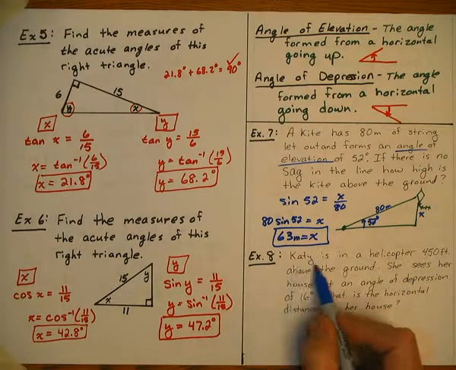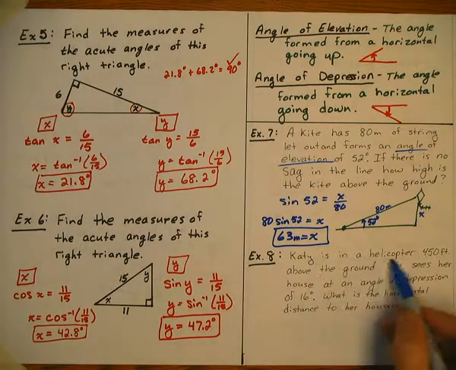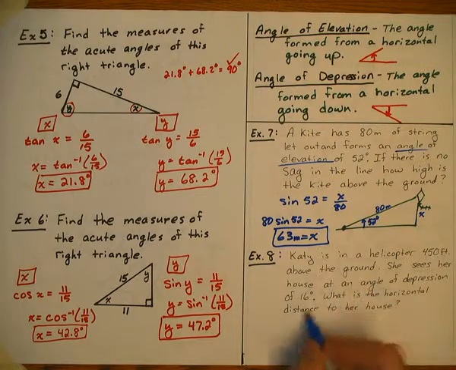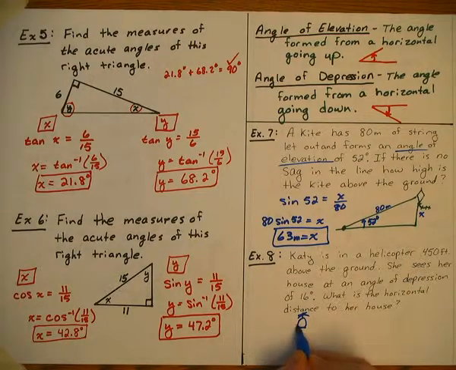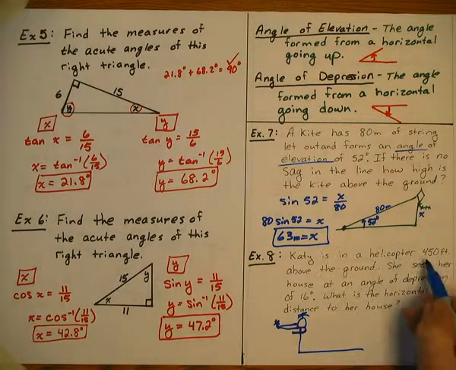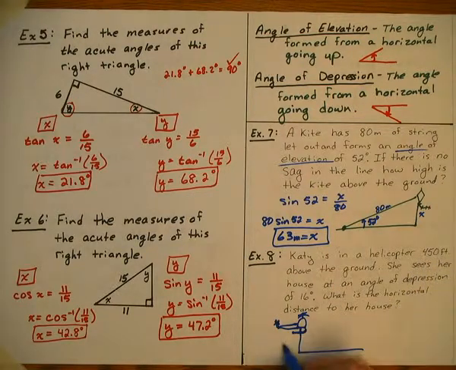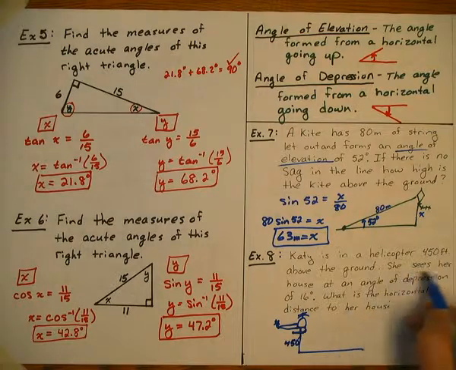Alright, next problem here, and this will be the last one for today. Katie is in a helicopter 450 feet above the ground. So let's just draw a nice fancy helicopter right here. The helicopter is 450 feet above the ground, so that's this measurement.